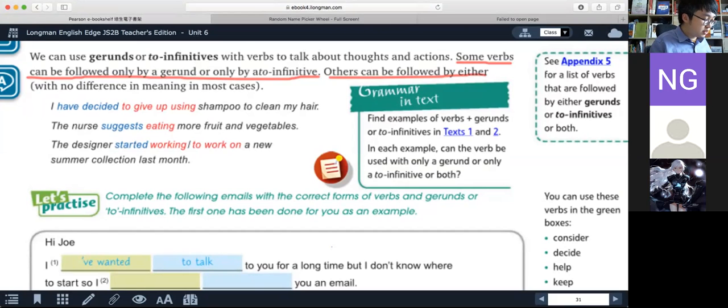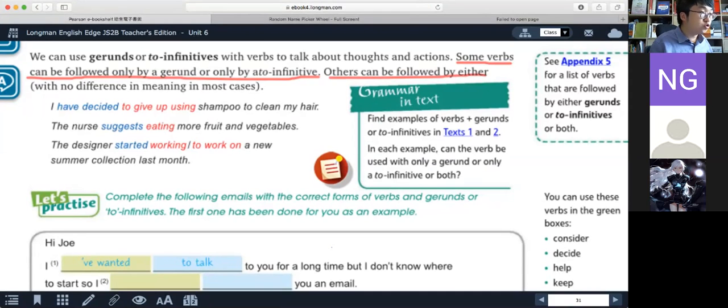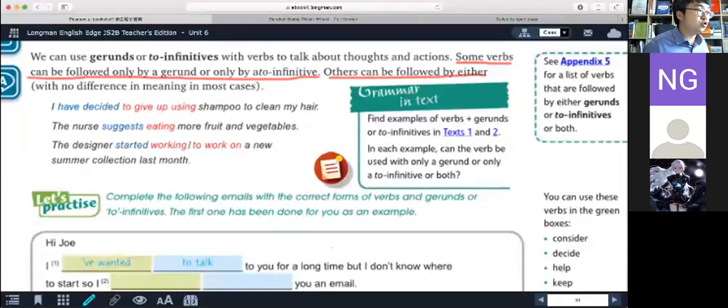So after decide, we have to use to-infinitive. I am not going to turn the page for you, but if you look at the book, the column in the middle, you can see the word decide. Decide can only be followed by a to-infinitive. So this is why we use to here. We cannot say, I have decided giving up using shampoo. No.